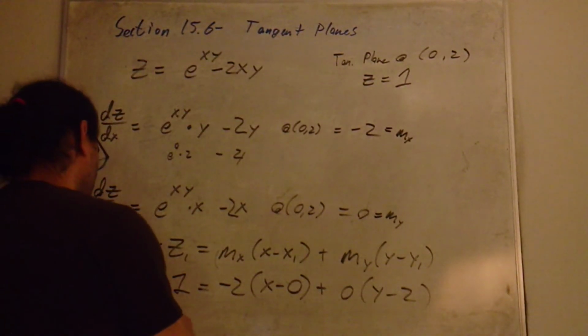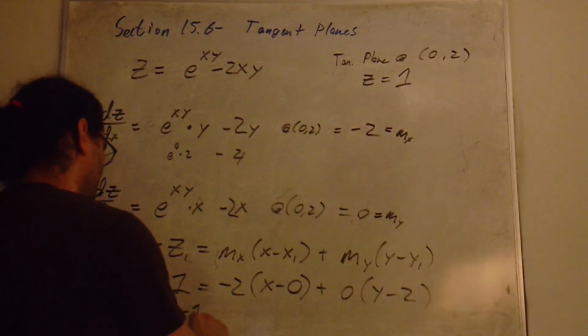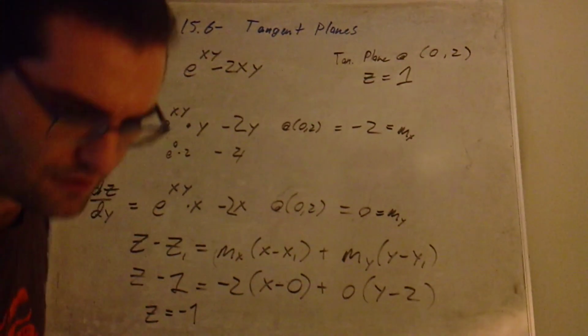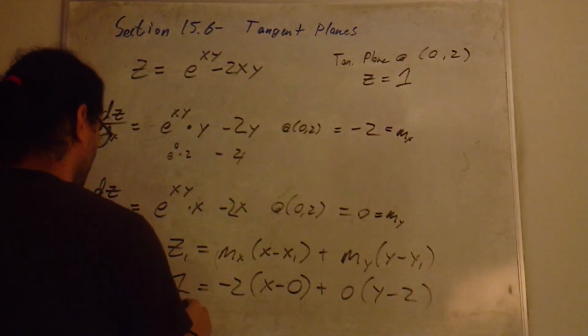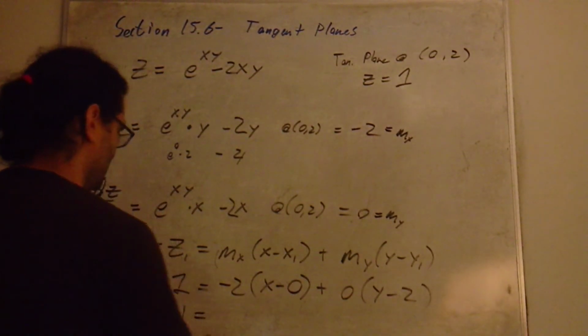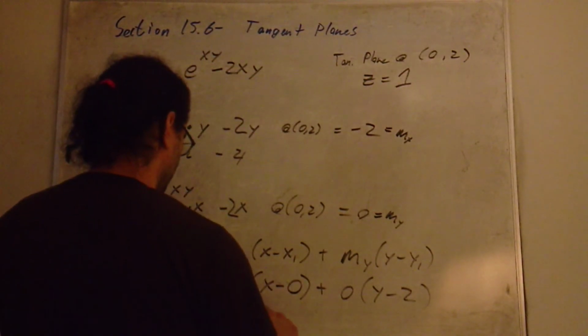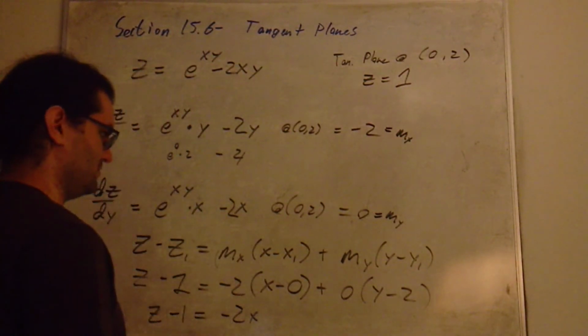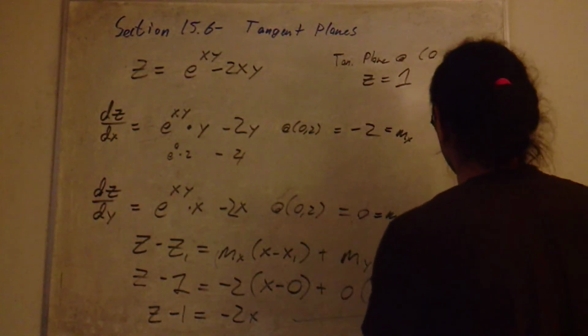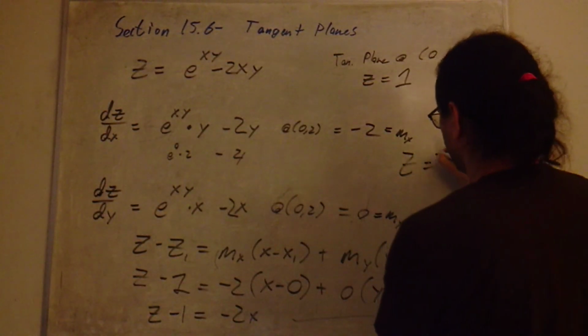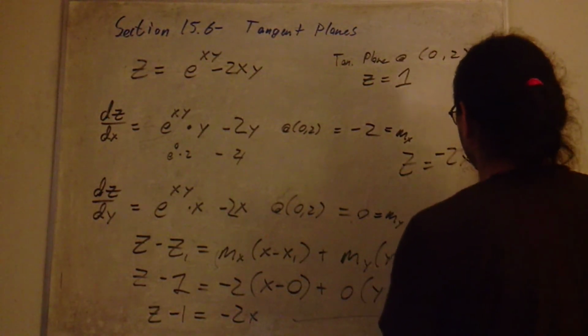So, z equals negative, no, I'm trying to go too fast. Z minus 1 equals negative 2x. Z equals negative 2x plus 1.